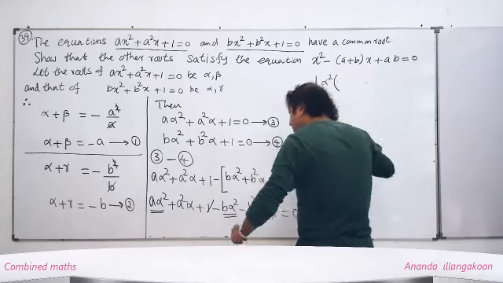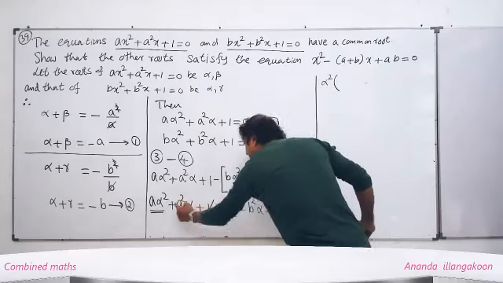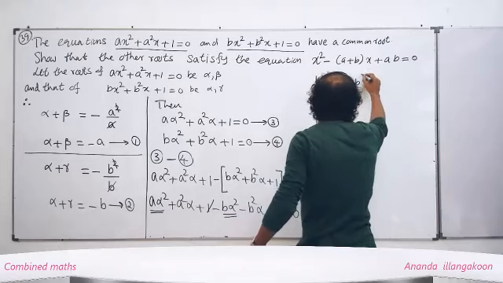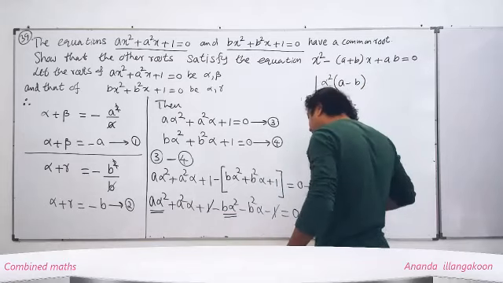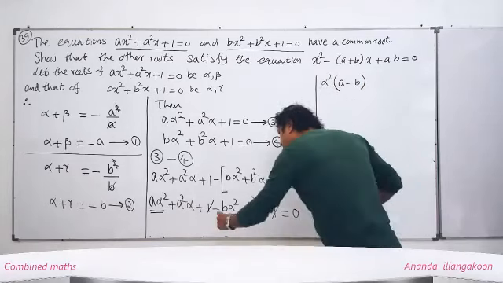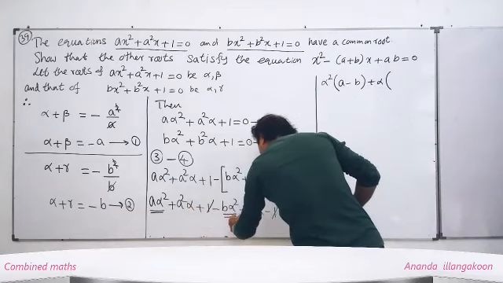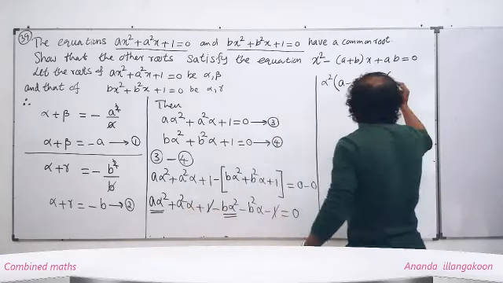Once you take alpha squared out from this and this, here we have A, here we have minus B within the bracket. And here, alpha is common, take alpha out. Then A squared minus B squared comes. On the right hand side, we have 0.